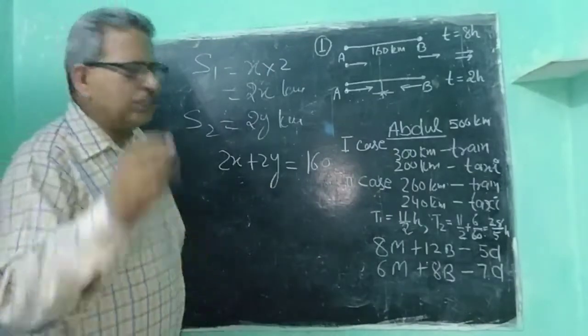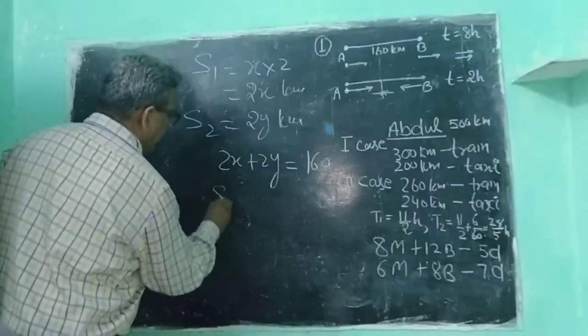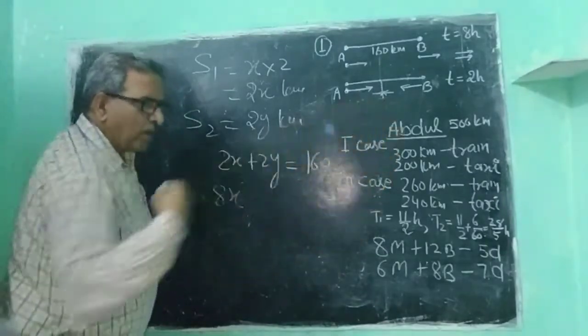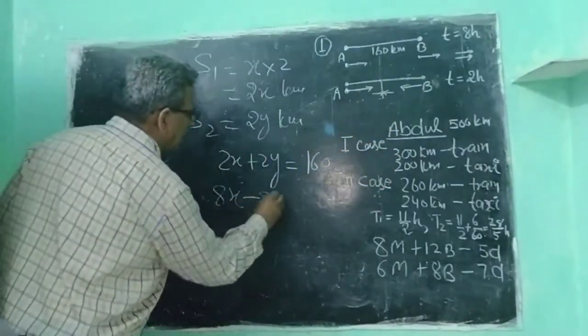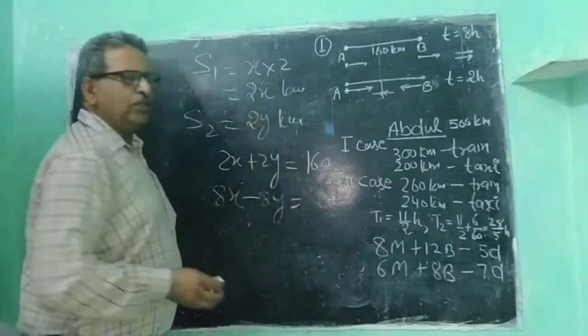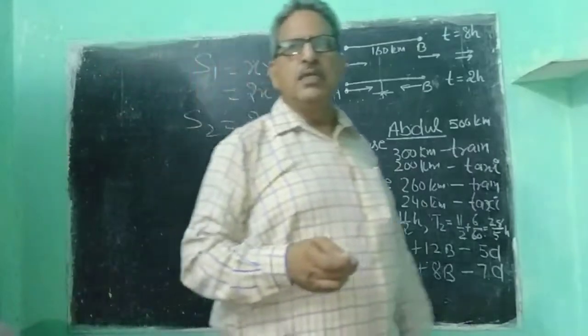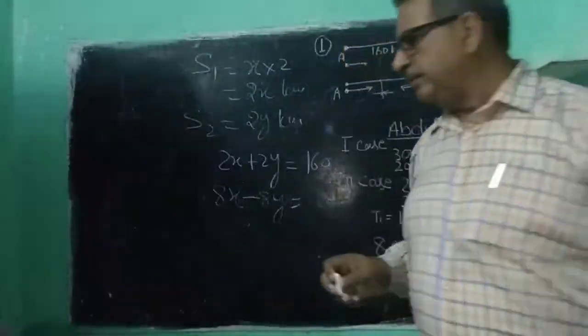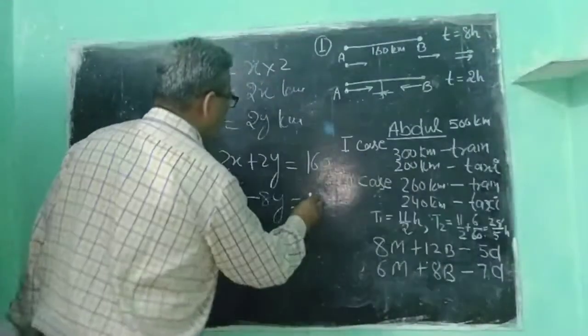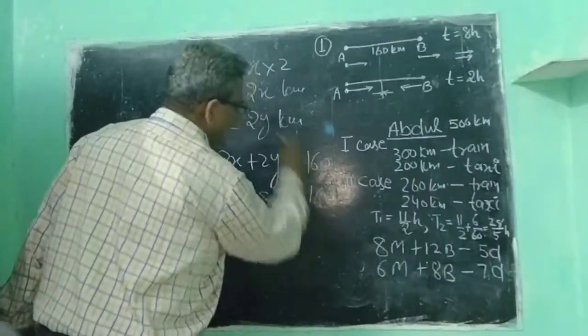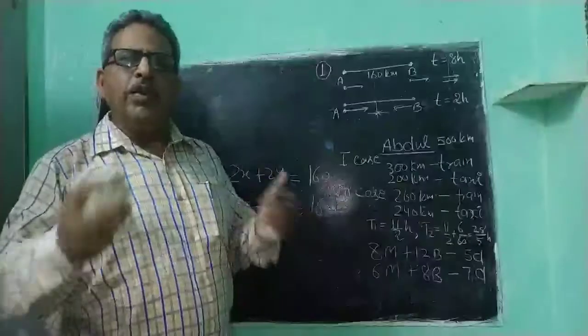Okay, so the first equation was 8x, I have brought 8y here, 8x minus 8y is equal to 160.